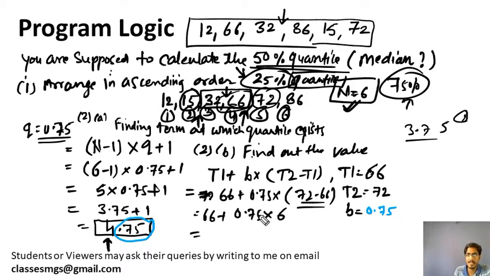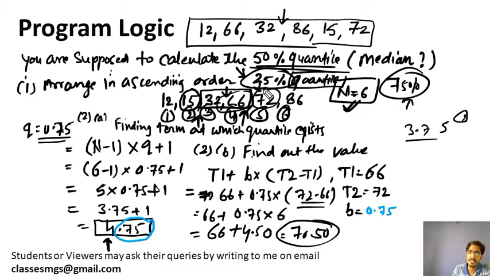And if you multiply 0.75 by 6, you will get 4.50. So it will be 70.50, the value that will be the 75th quantile. Okay, so this is how you can use this concept to calculate the quantile.